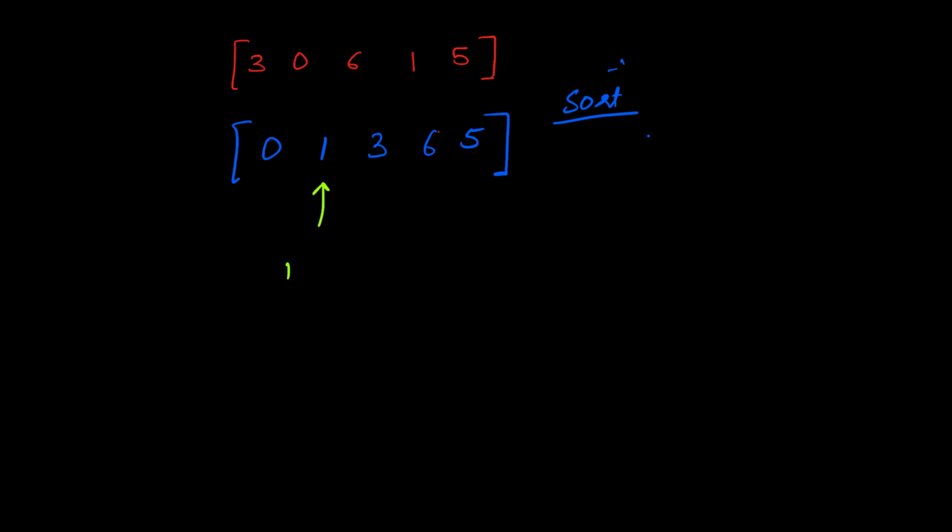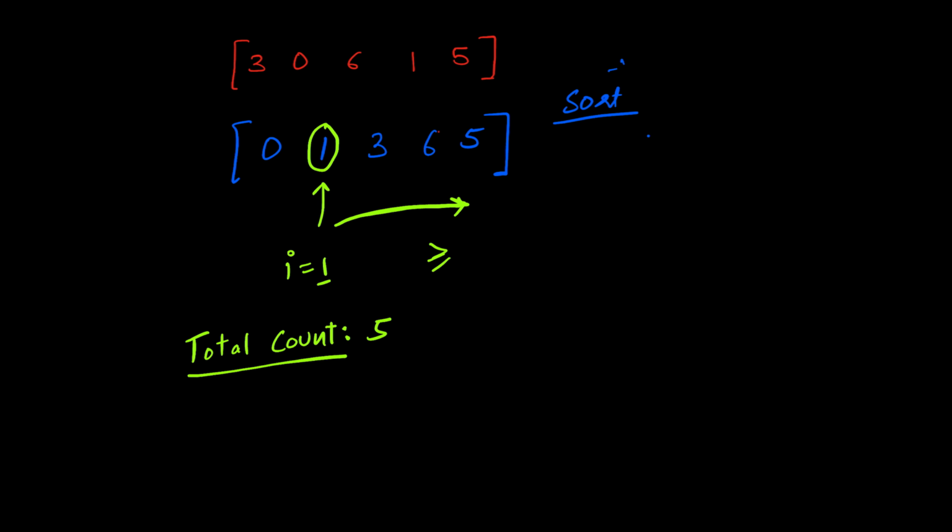Let's walk through a short example. With i equal to 1, the corresponding value is 1. It means that paper received 1 citation. Now I know all of the elements to the right side of this element will have at least 1 citation. And because we know the total number of papers in the collection, we can easily calculate how many elements are there to the right side of i.